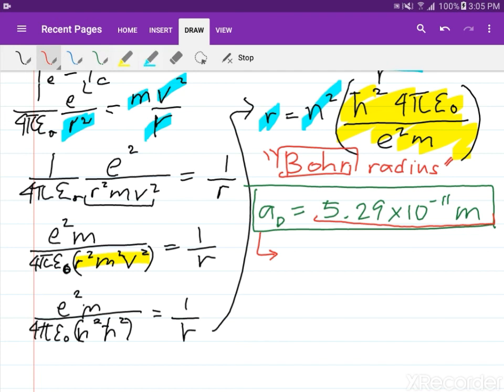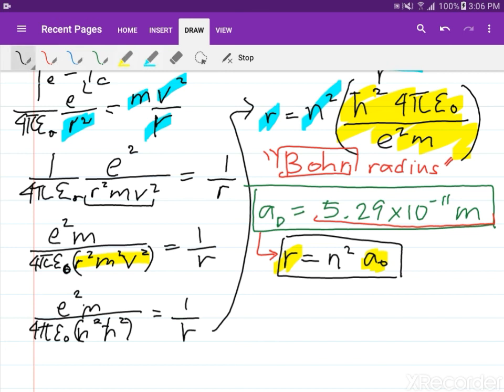Actually, our goal is to solve how the electron orbit is quantized. We see that r equals n squared times a naught. This is our final result. The electron orbit r is quantized by this Bohr radius.